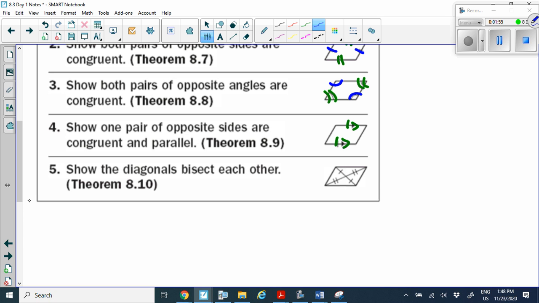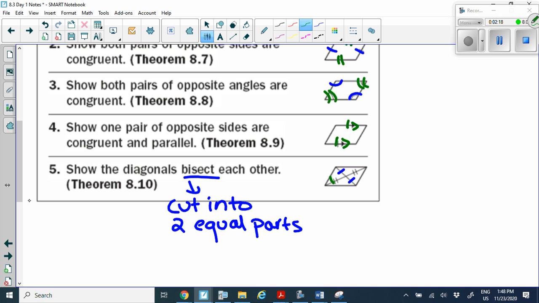That means to cut into 2 equal parts. So notice when we see the diagonals on the same line, the 2 parts are congruent. They have the same measurements. There we go. Okay, let's use these ways to do example number 1.